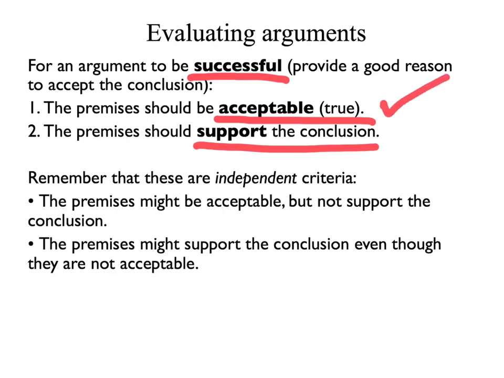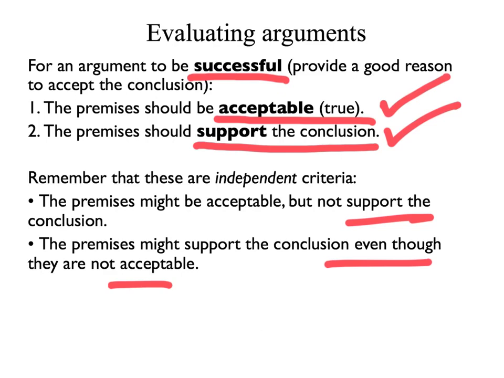For a good argument, both of these conditions have to be satisfied, but they're independent conditions or criteria. An argument can satisfy one but not the other. For example, we might have an argument where the premises were acceptable but didn't support the conclusion, or we might have an argument where the premises do support the conclusion but are not acceptable.